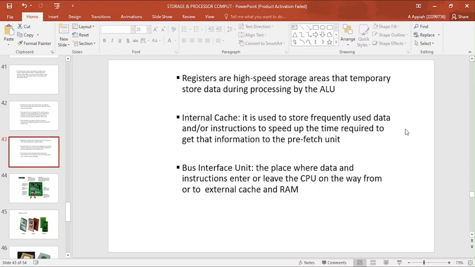So it serves as a kind of pathway that allows data or instructions to enter and exit between the CPU and the RAM or the cache.